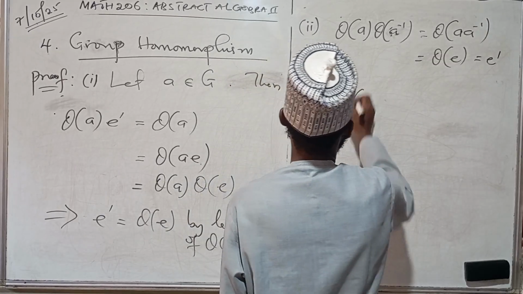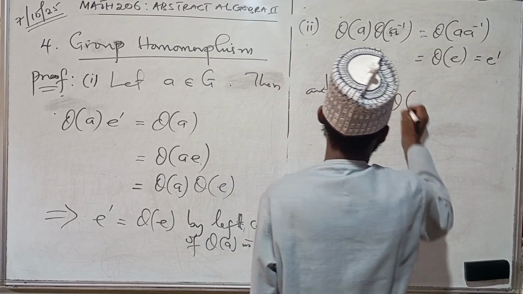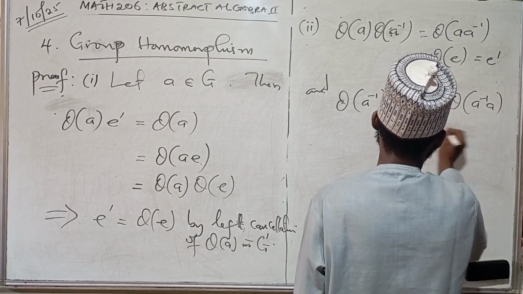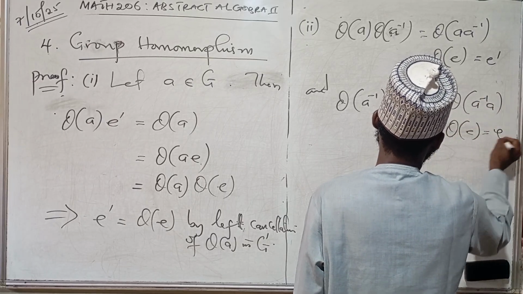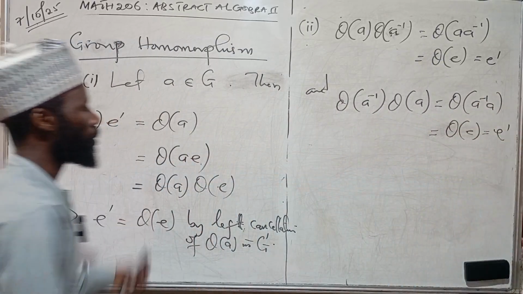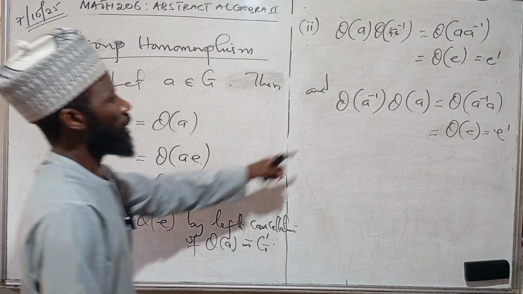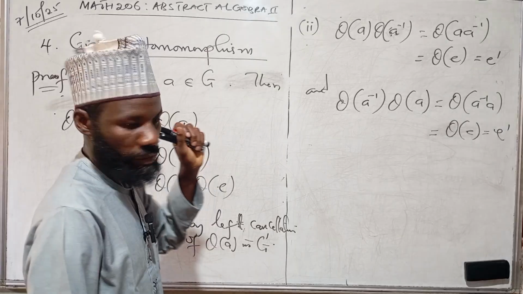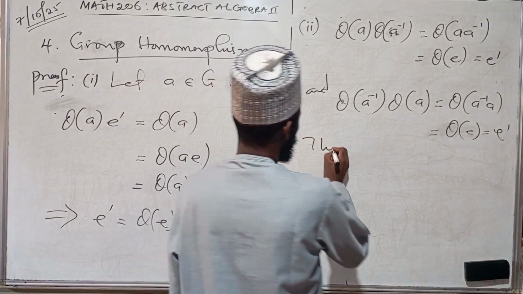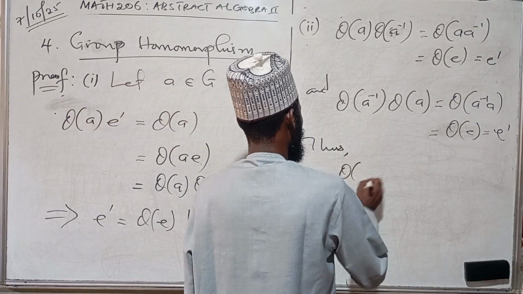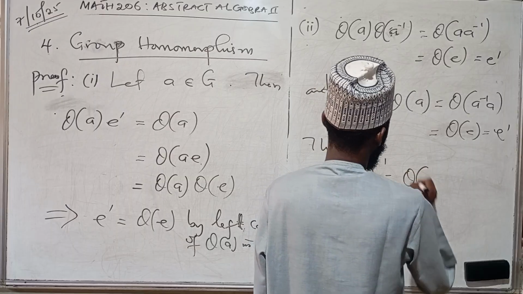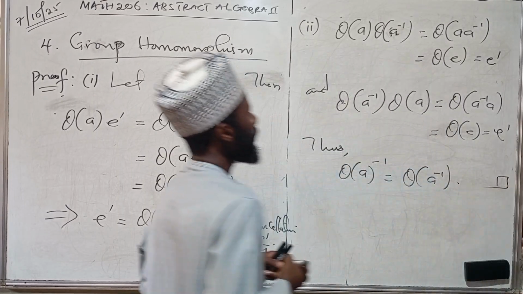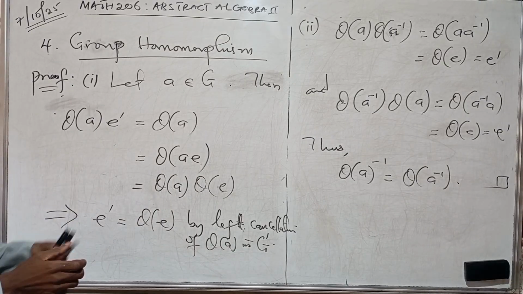And one can also see that theta A inverse times theta A is theta A inverse A, which is theta E, which we proved to be the identity from part 1. Any element that is doing this must be the inverse of theta A by the definition of inverse. So the inverse of this element must be equal to theta A inverse. That is all.